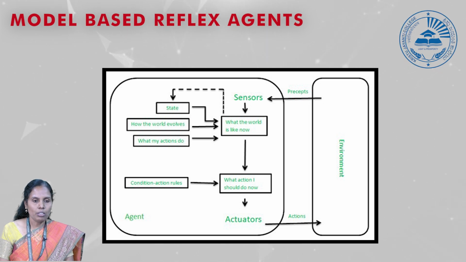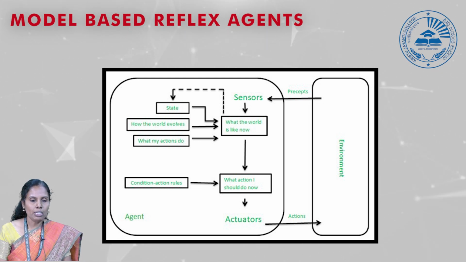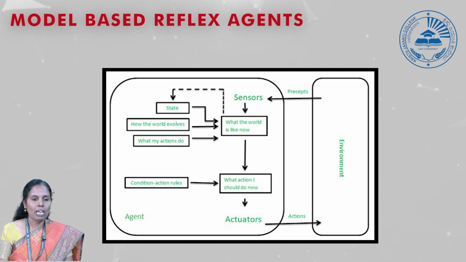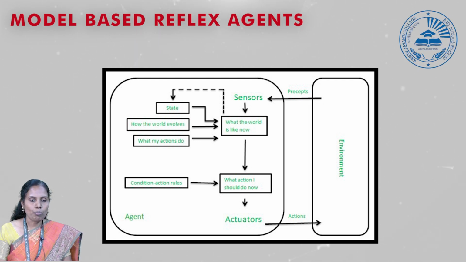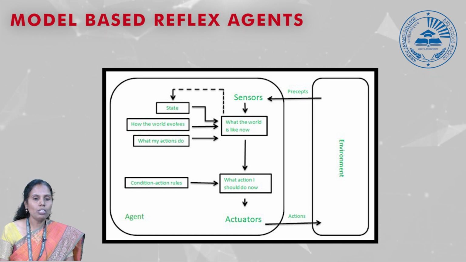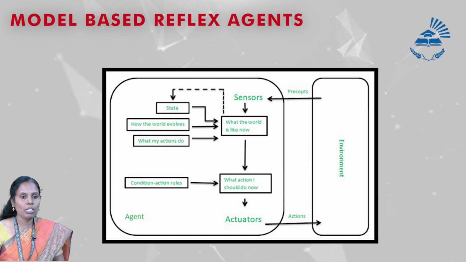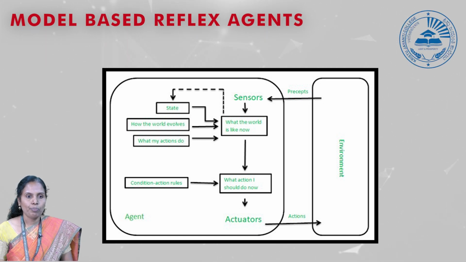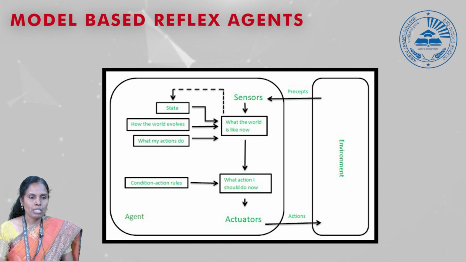Here a partial output is already there from actions taken earlier, and after that we have to give some conditions to the environment and take the output from the condition. So we need to give both. Partially we get the output from the prior environment, and the other partial output we get from the condition-action rule. So this is the model based agent.